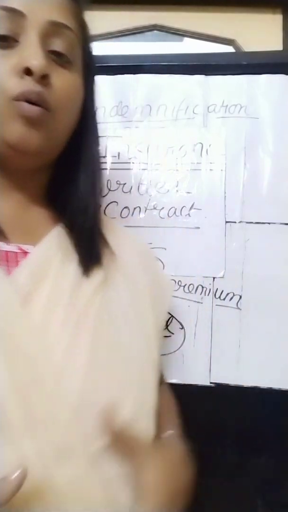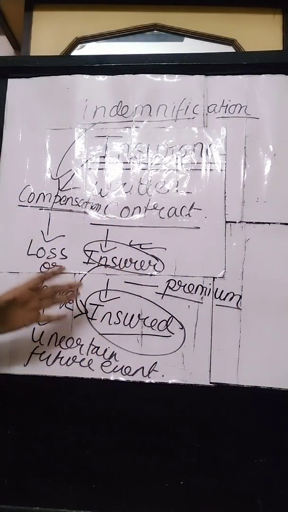From that premium, a fund will be generated, and from that fund, the insurance company tries to compensate for the loss suffered by any member of that group of people who has paid. Suppose I have suffered a loss and I have paid the premium on a regular basis, I will be compensated by the insurance company. This is the subject matter of insurance.